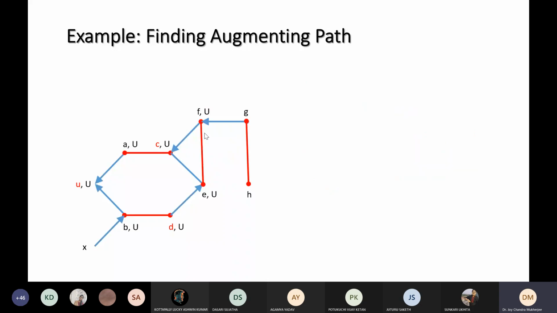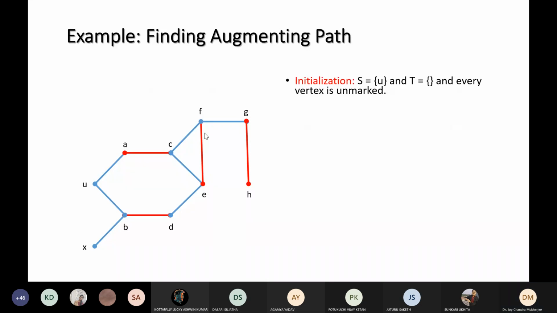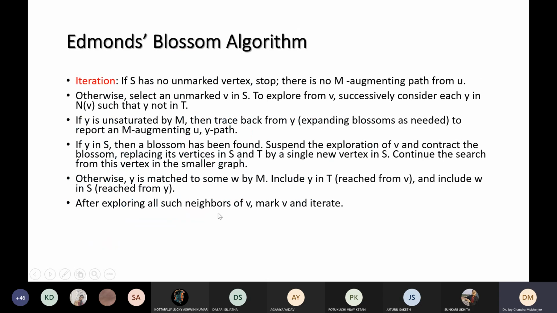First, just read this part: what is S, what is T? Their meaning is written here. This is the algorithm written here, the Advanced Blossom algorithm. I won't read it out, because there is no point in reading it here.